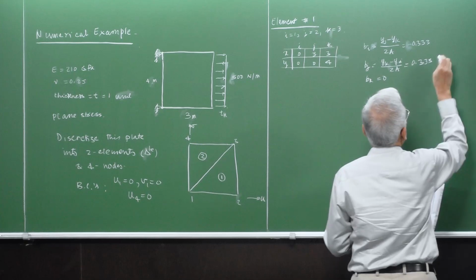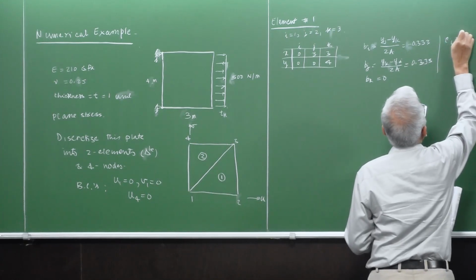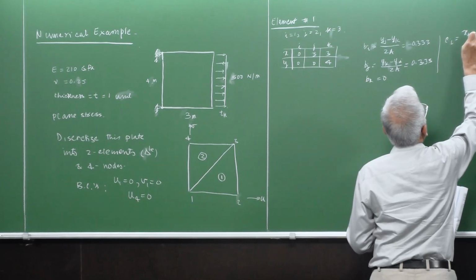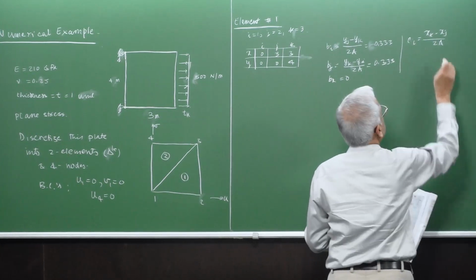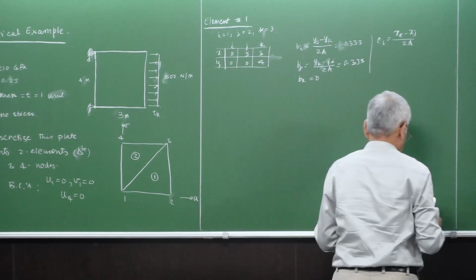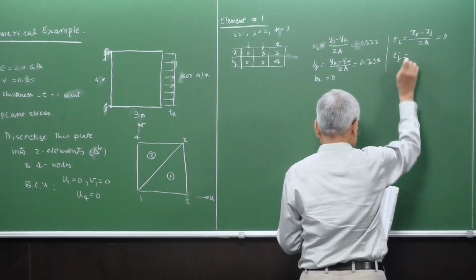So similarly we have ci, which is xk minus xj over 2A, and so on. So we have all these formulas.